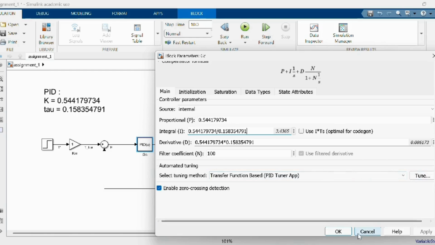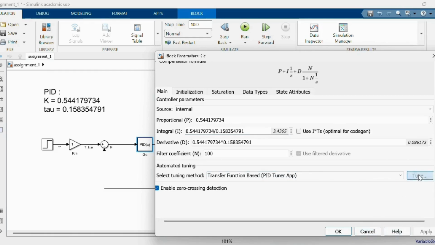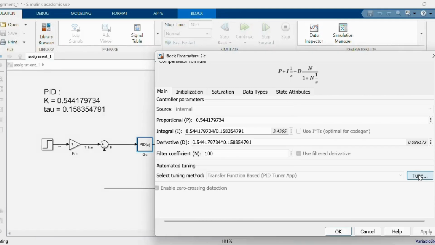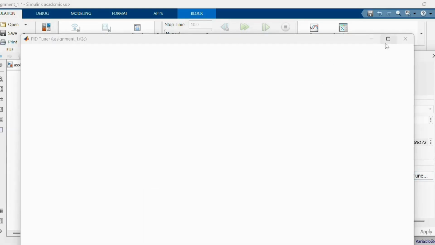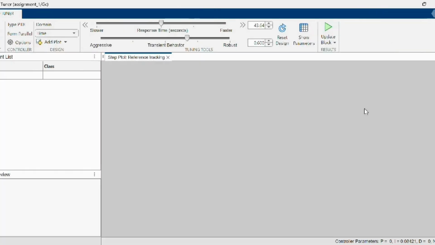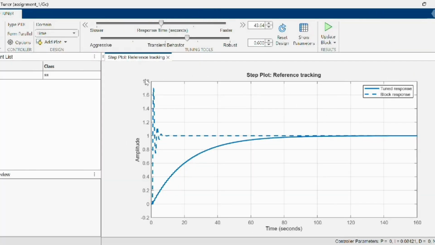Then we just press OK, and then we tune it. So this is the diagram that we have got. This is our control.